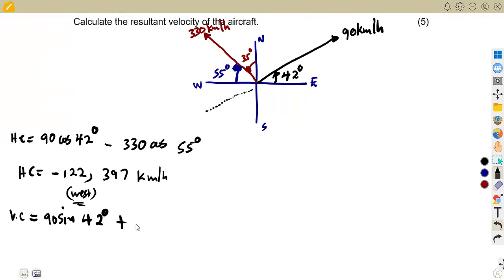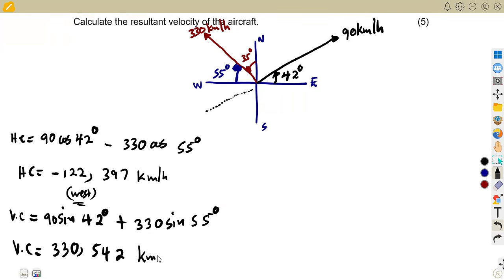So it's going to be plus 330 sine of 55 degrees. So this is going to give us the vertical component, which is going to be a positive 330.542 kilometers per hour as a speed. All right, so we have got our vertical component.